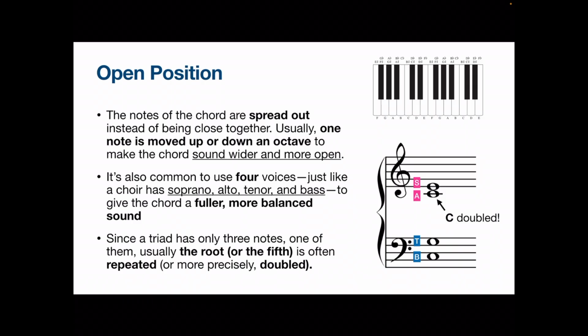Since a triad has only 3 notes, one of them, usually the root or the fifth, is often repeated, or more precisely doubled. What you see here in this bottom right corner, we have C, G, C, and E. And by the way, what I included here is just shorthand for soprano, alto, tenor, bass.